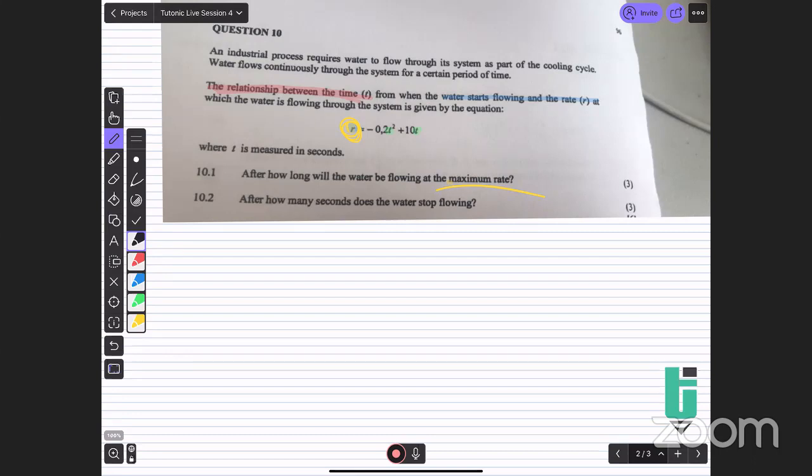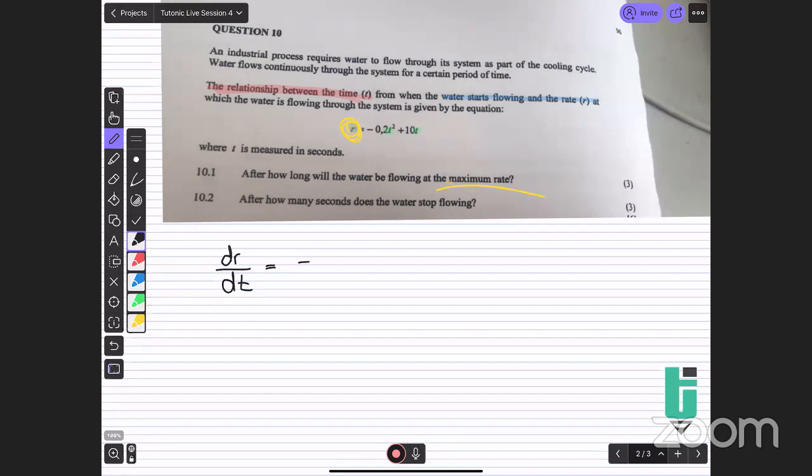Okay, so what's the derivative? Minus 2/5 t plus 10, I think. Which is 4/10. Yeah, 2/5 is 4/10.